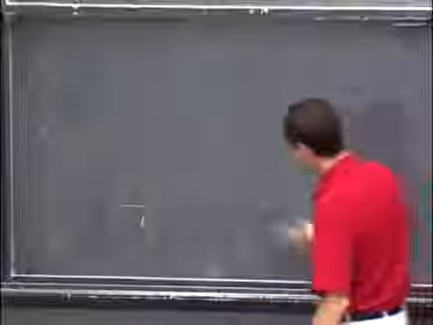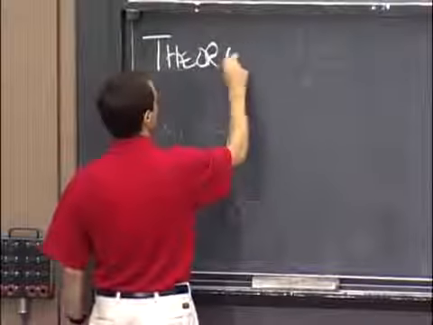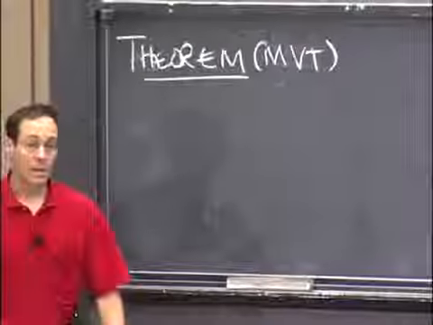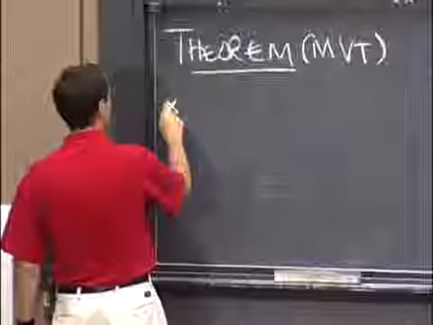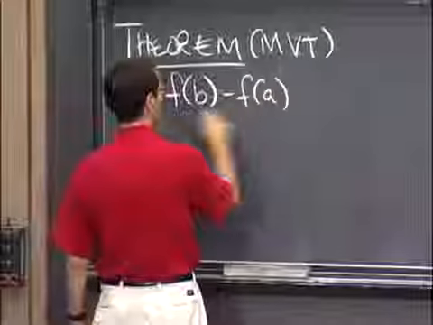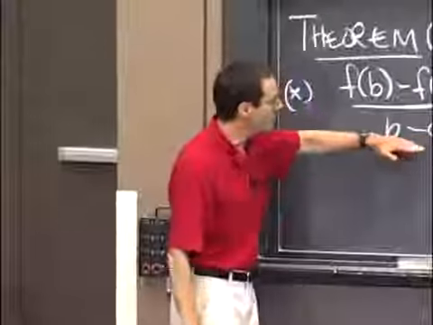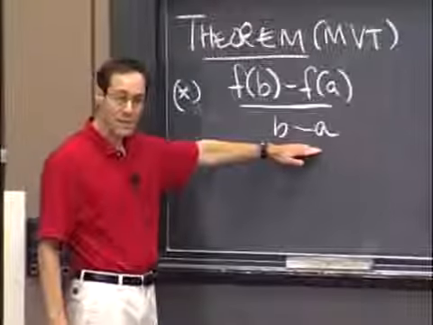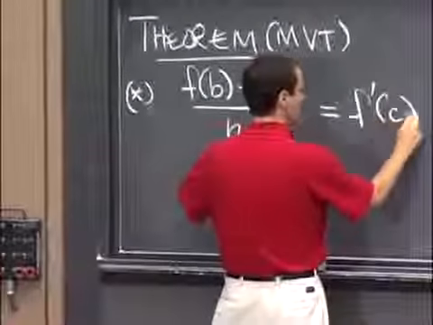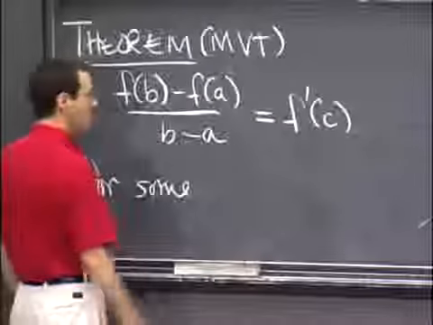All right. So now I'm going to state it in math symbols, the same theorem. And it's a formula. It says that the difference quotient, so this is the distance traveled divided by the time elapsed, that's the average speed, is equal to the infinitesimal speed for some time in between.